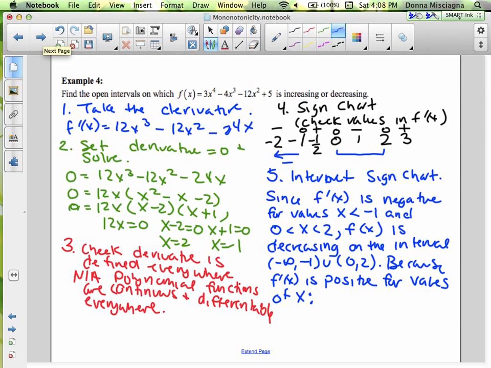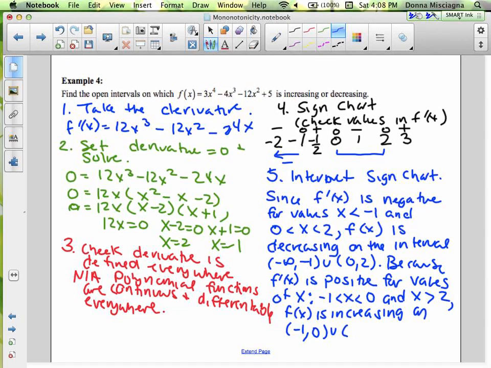All right, and so we're between negative 1 and 0, and x greater than 2, f of x is increasing on negative 1 to 0 and 2 to infinity. There we go. All right, so there's our justification.